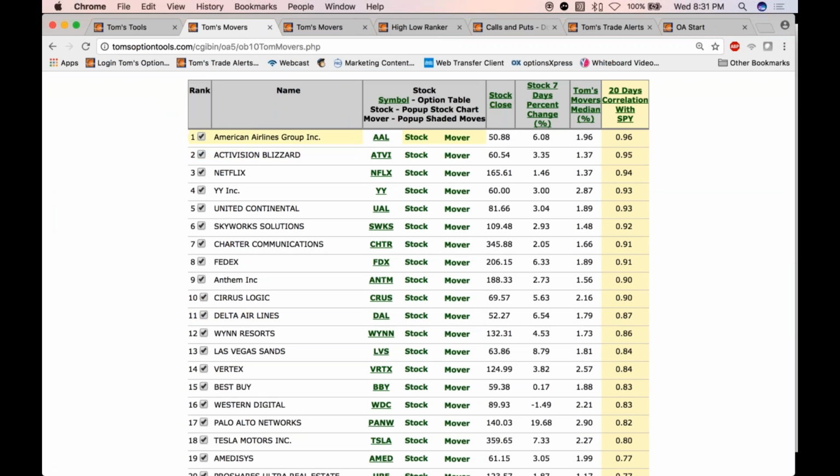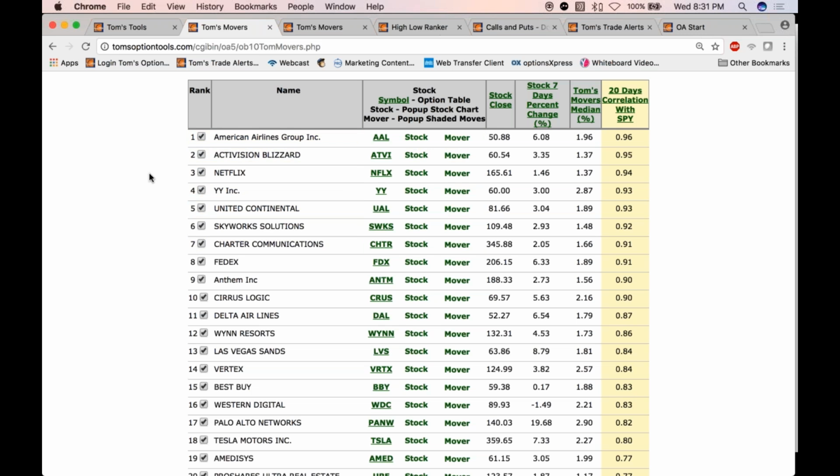American Airlines Group, Activision, Netflix, YY, United Continental. What do these stocks all have in common? Well, first of all, you do know that they are penny pilot program optionable stocks, and they also trade weeklies. You also know they're over $50 a share, because if you see the stock price, you can see they're all over $50 a share.